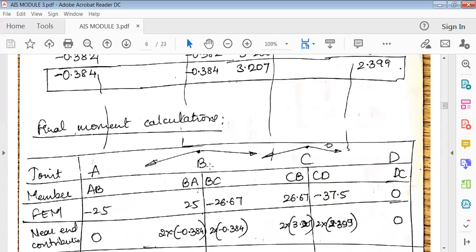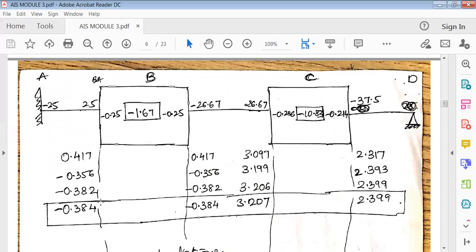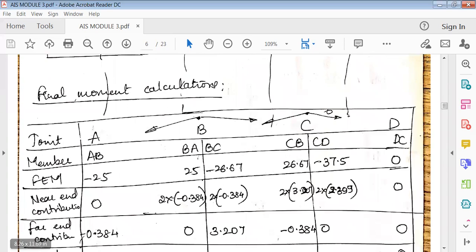Okay, so near end is nothing but, with respect to B, near end is BA and BC. Again with respect to C, it is CB, CD, near end. So always the near end contributions are twice. So BA is 2 into minus 0.384. Write it here. Again BC is also the same, 2 times into minus 0.384.